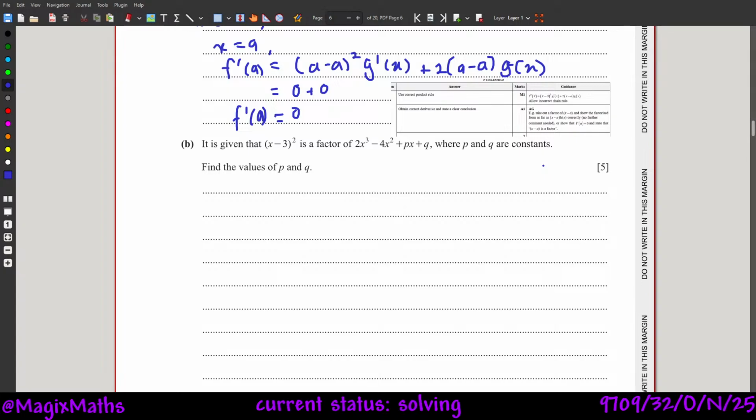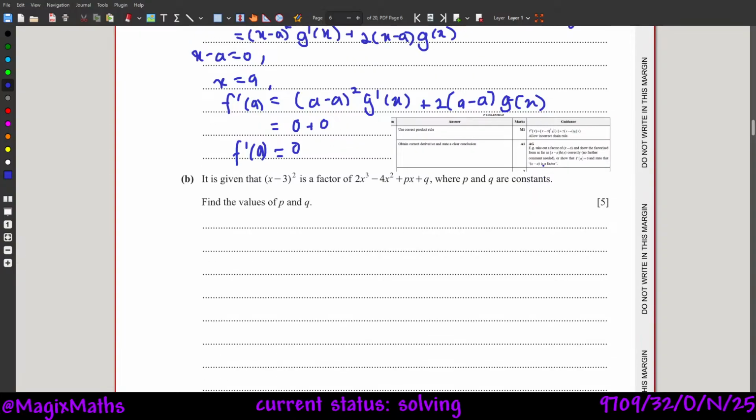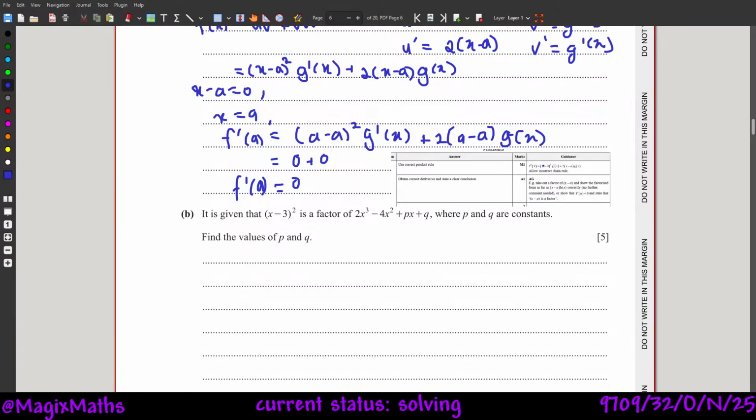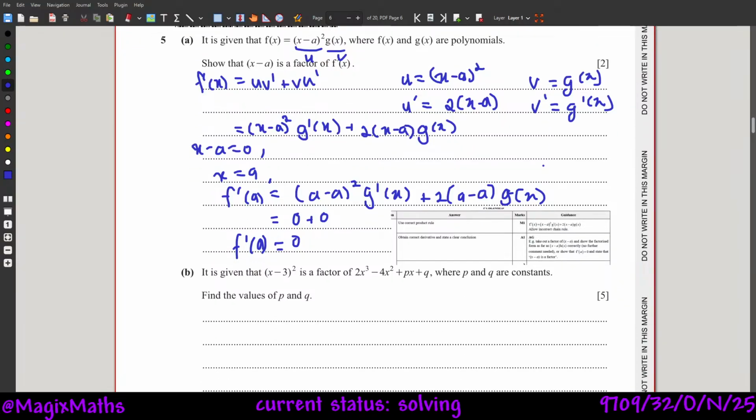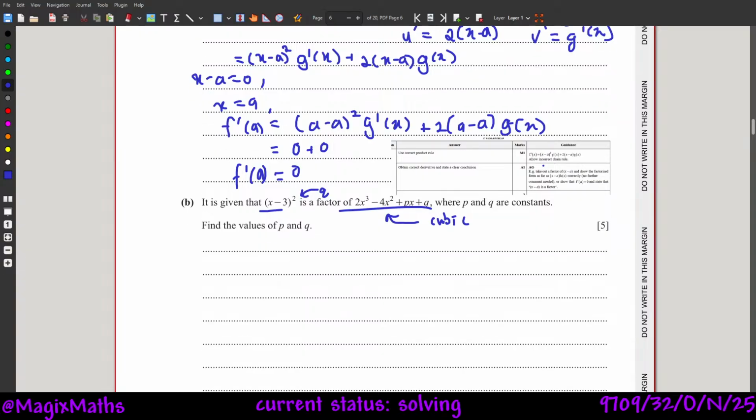So given that x minus 3 squared is a factor of this. The second sub-question is usually a hint to the first one. So this is a factor of this. P and Q are constants, and we find the values of P and Q. Now, when you take a look, this is a cubic equation, and this is a quadratic equation.